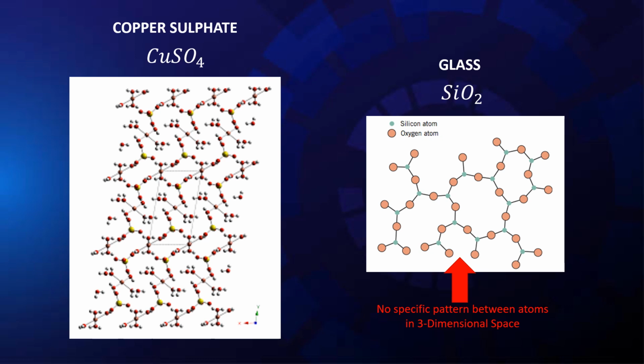Since this is a two-dimensional diagram, we have to imagine it in three dimensions. It will not have a specific pattern that is repeating in all three dimensions, the x, y, and z axes. We have to imagine this structure in all three directions.